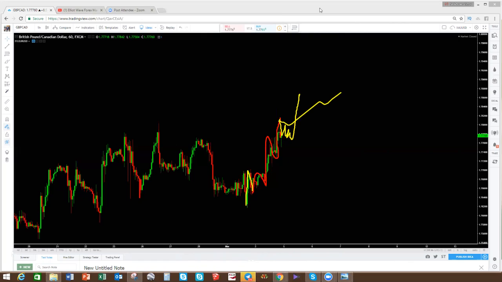If you get this move, this corrective flag, it does not have to be a flag. It will be a corrective structure. When you get this one, you buy it, target that end of that wave A in the bigger structure. So you need to be careful when it gets to that level, because then you're going to get a reversal or a pullback. Okay, that's pound CAD.